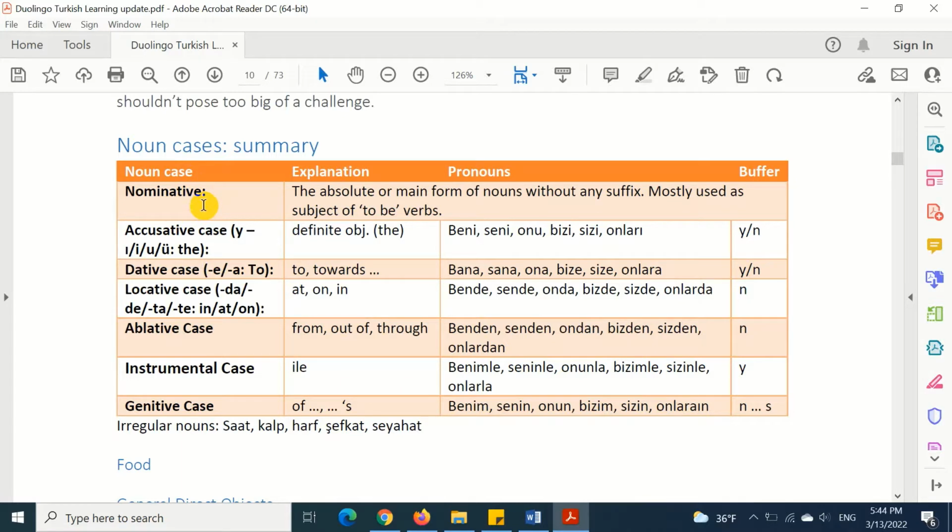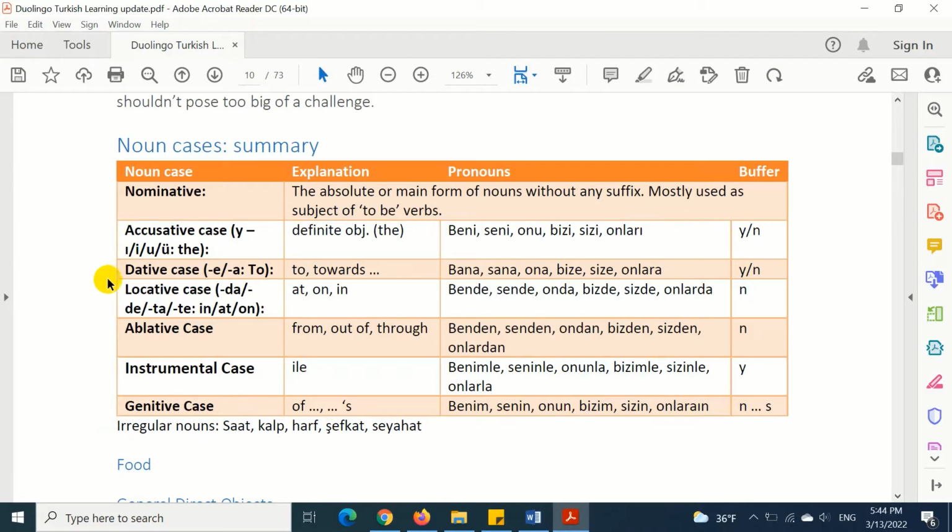It is not specific. Linguists will say 7, 6, 5 or whatever, but I think these 7 are mostly used. Whenever you are learning the Turkish language, you encounter them a lot.